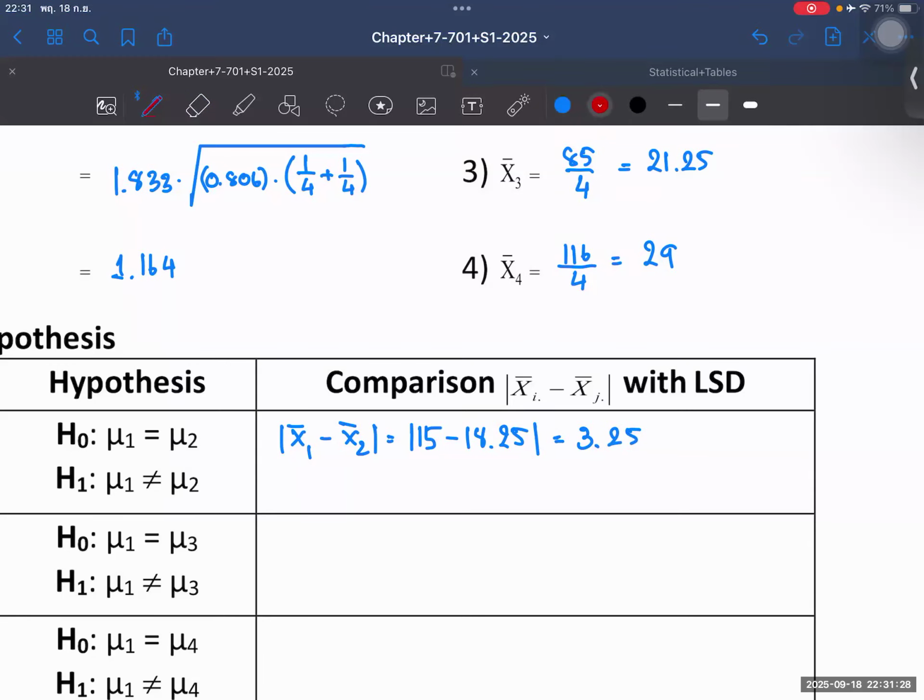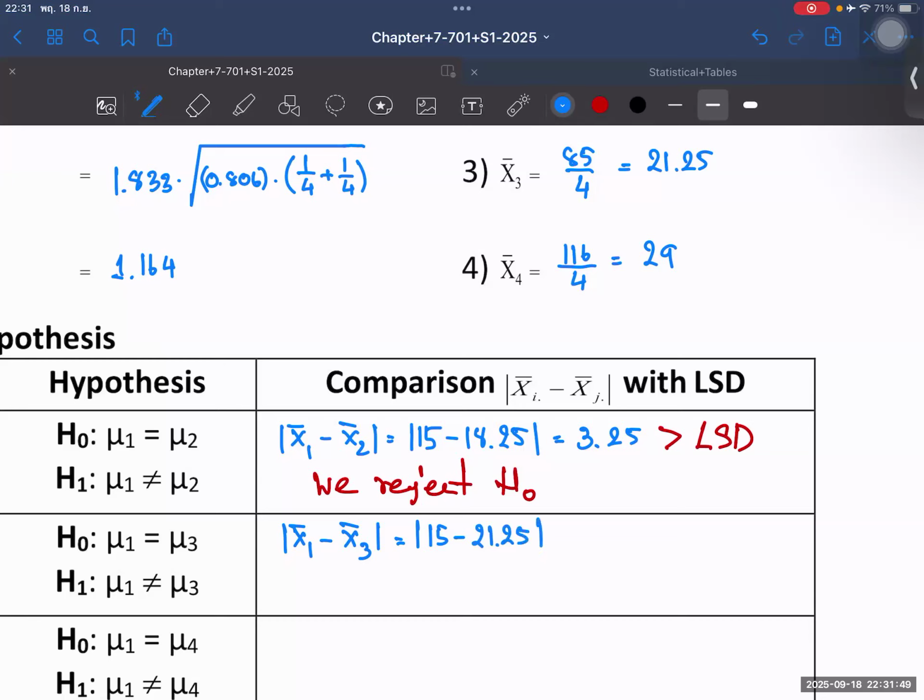Okay, this is greater than the LSD. So we reject H0. Okay. Next, absolute x bar 1 minus x bar 3 is the absolute 15 minus. Okay. Is 6.25.